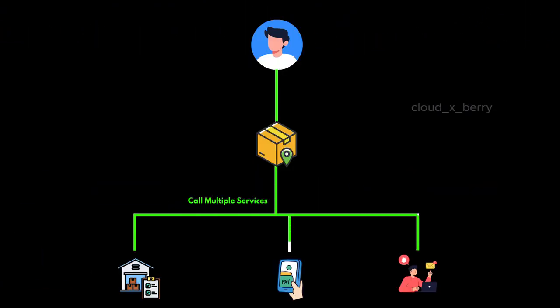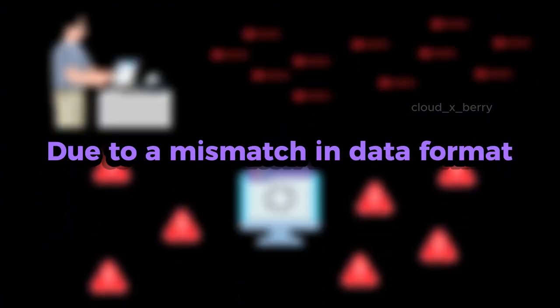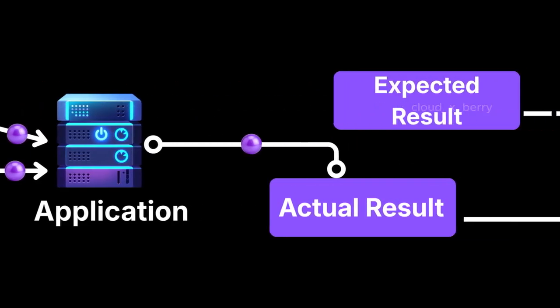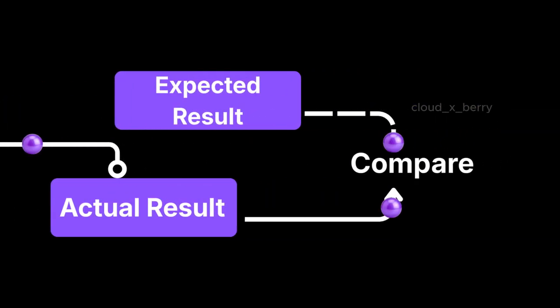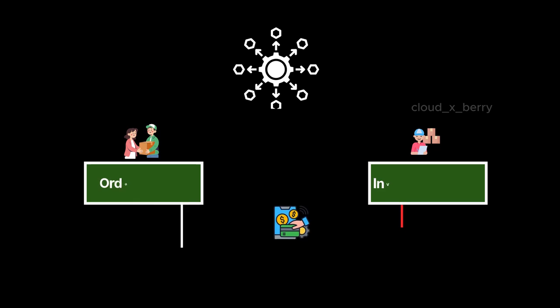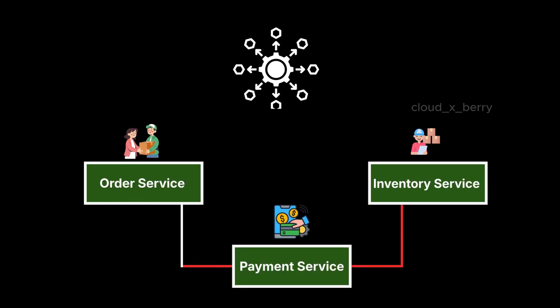Even if each of these services works individually, issues can occur when they are connected. Maybe the payment service responds slowly, or the inventory update fails due to a mismatch in data format. Integration testing ensures that data flows correctly between systems and that the entire workflow behaves as expected.